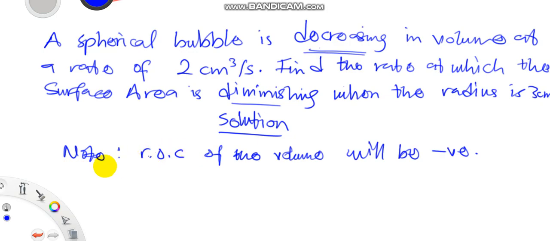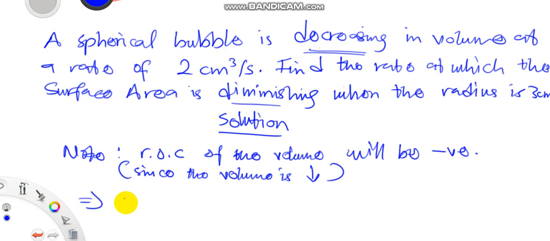Since the volume is decreasing, this implies the derivative dV/dt is minus 2, because we are told the volume is decreasing with respect to time.